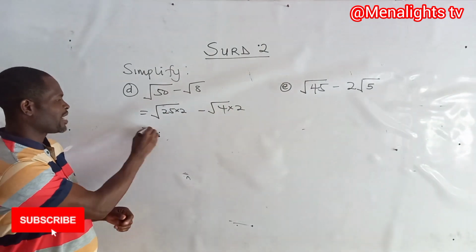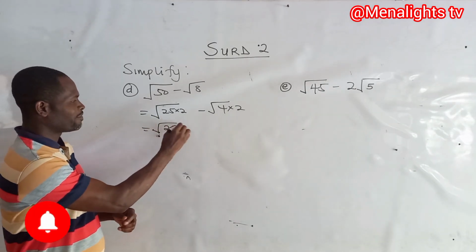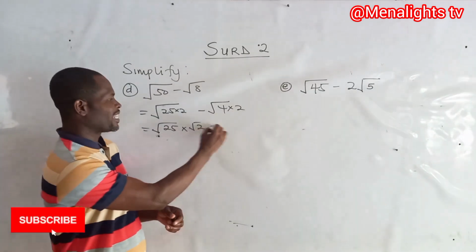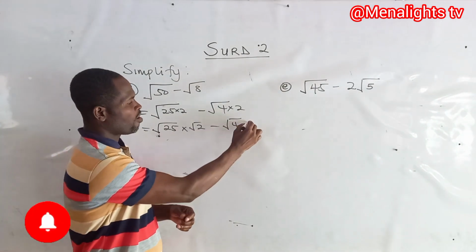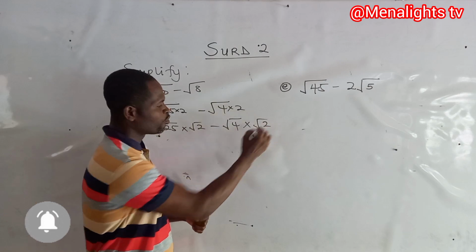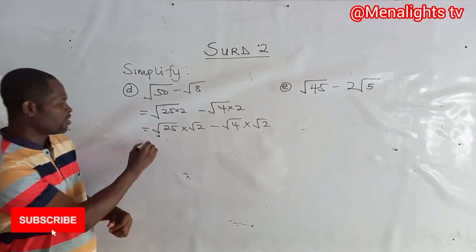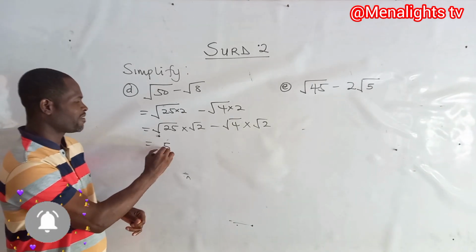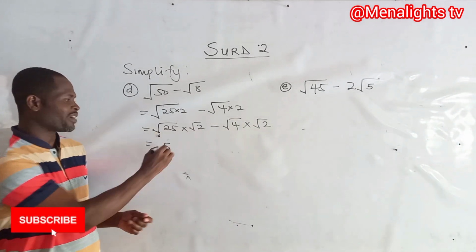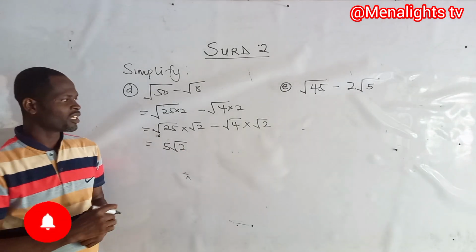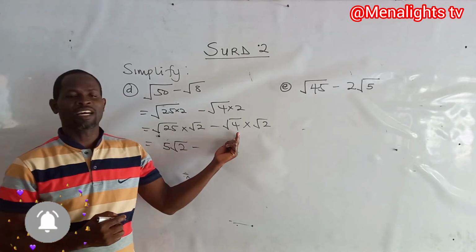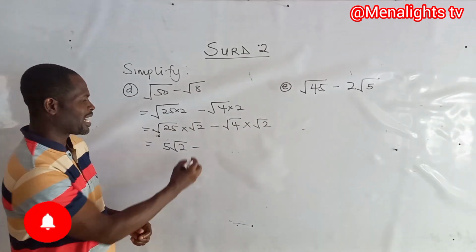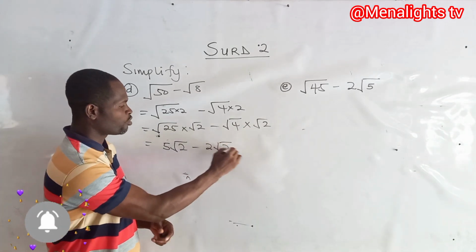Now when you come here, we have the root of 25 times root 2, then minus root of 4 times the root of 2. So root of 25 will give us 5. So we have 5 times the root 2 here will give us 5 root 2. Minus, then the root of 4 is 2 times the root 2 there. So we have 2 root 2.